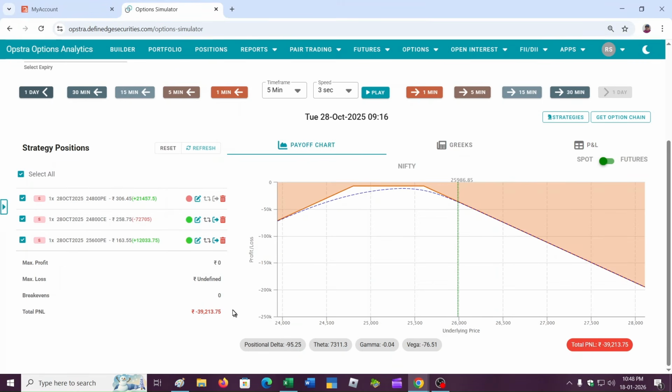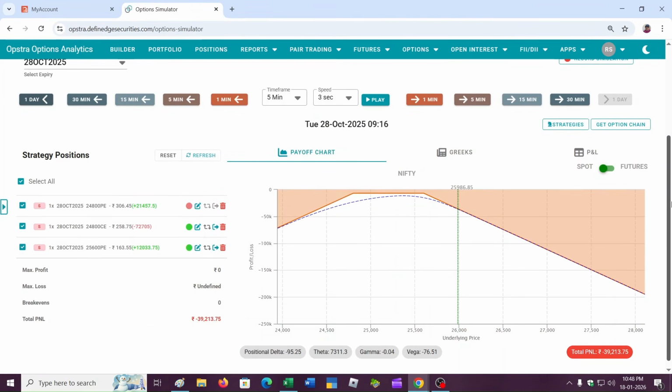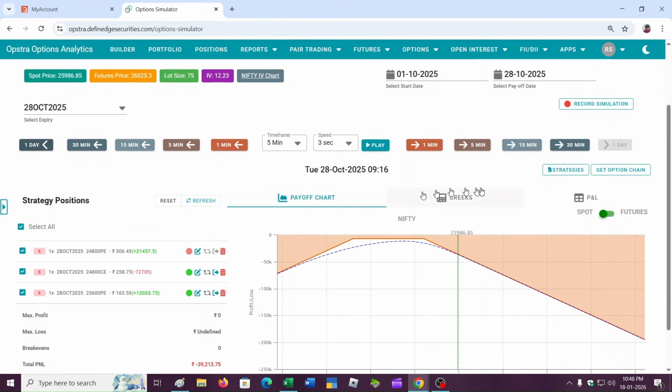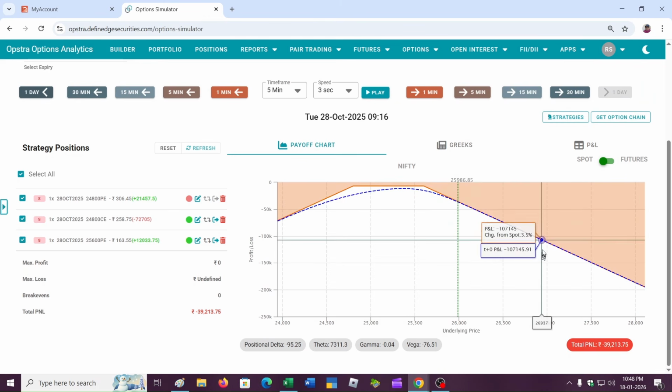So this is the situation with short straddles. This is a short straddle which has gone wrong. This is for October. September was profit making. October happened to be a loss making short straddle.